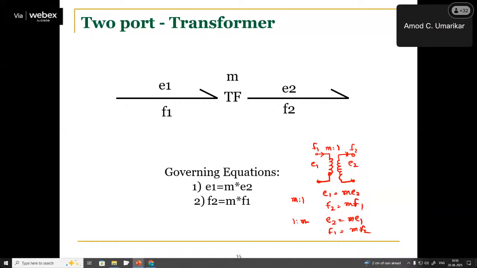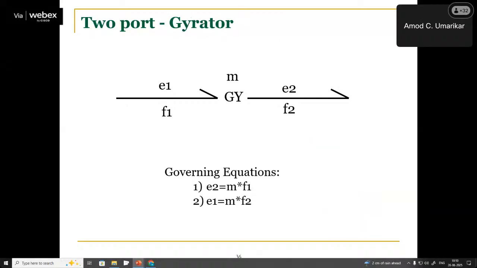Now comes the gyrator. This is interesting. You can see it from the equation. E2 is related to flow of bond 1 and E1 is related to flow of bond 2. Interesting, right?